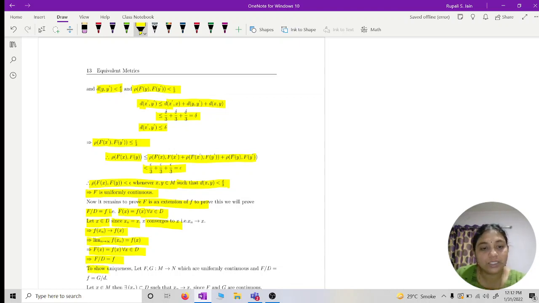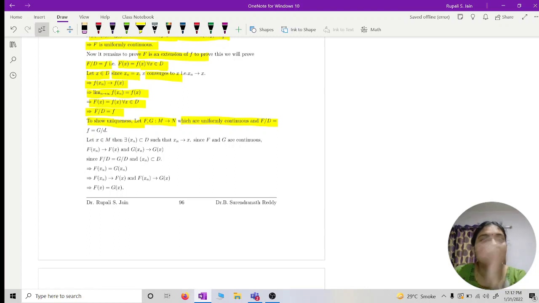Now to show uniqueness, let F, G be two maps from M to N which are uniformly continuous and whose restriction to D is small f. Let x be in M. Then there exists a sequence in D such that x_n converges to x.